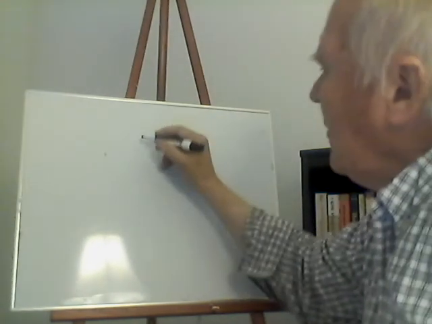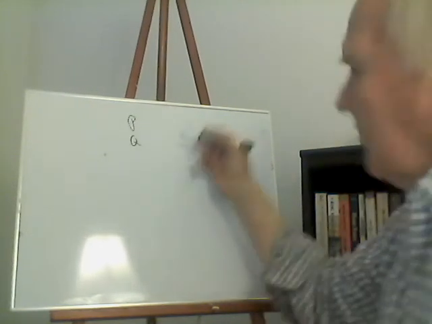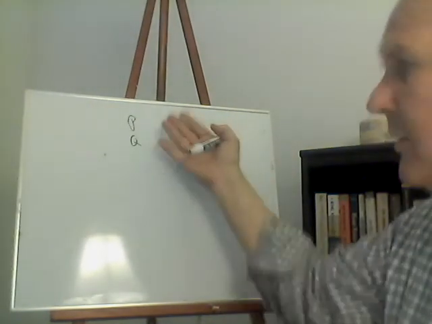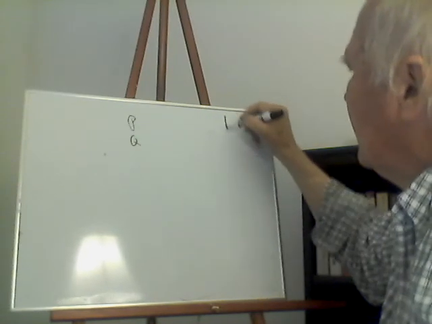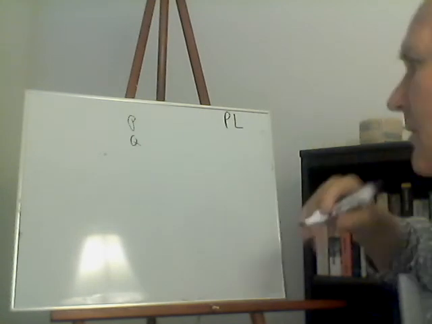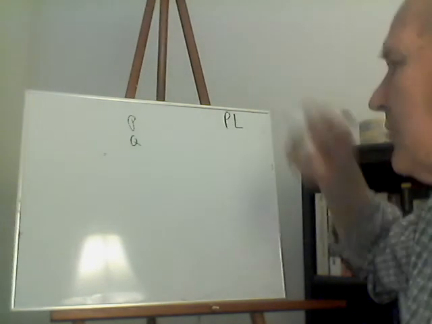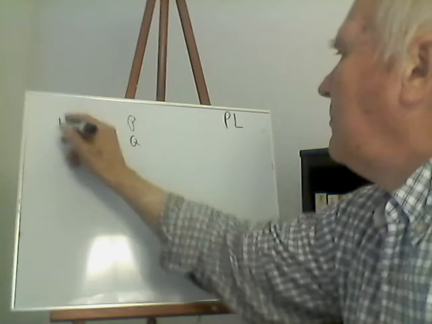So let's say we know that P and Q are well-formed formulas. They're sentences in propositional logic. Instead of saying propositional logic, I'll say they're sentences in PL, the language I'm talking about. We know that this is from Rule 1.